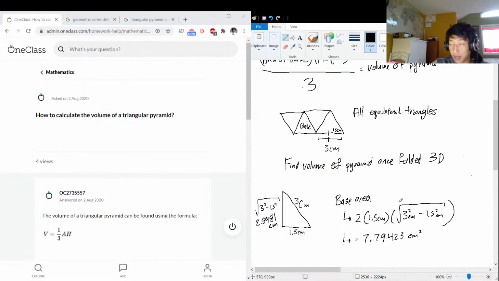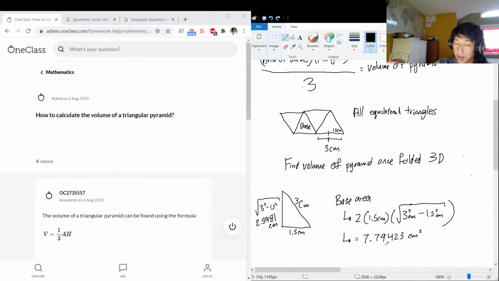Now we got to find the height. Since we know that all of these equilateral triangles are the same, we can pretty much conclude that our side profile of the pyramid is going to look like this too. Meaning that its height is going to be 2.5981. Since they're all equilateral triangles, all of those triangles are going to make a 60-degree angle with the ground, and the top is also going to be a 60-degree angle if we look at the pyramid from the side.